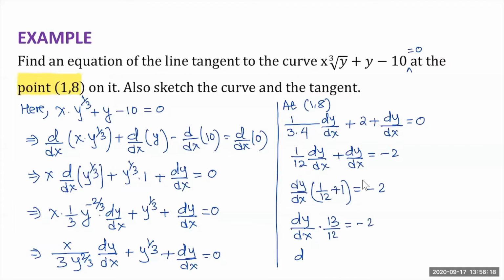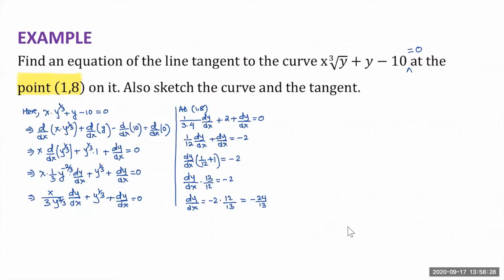If you divide on both sides by 13 over 12, it is the same as multiplying by 12 over 13. That is equal to -24 over 13. So that is the slope. That is the derivative at (1, 8), or the slope of the tangent line.